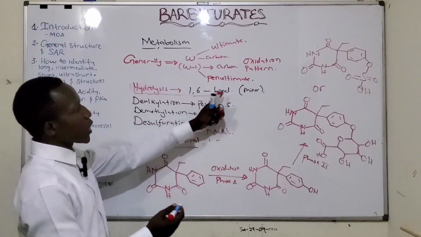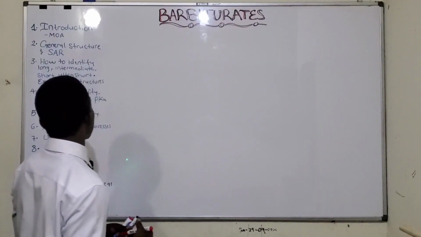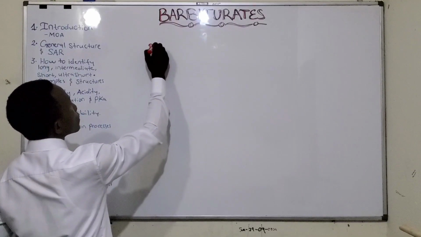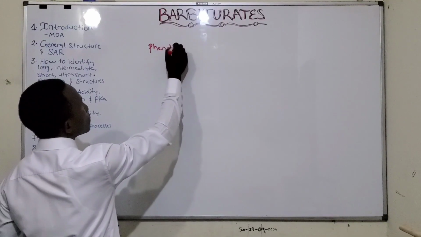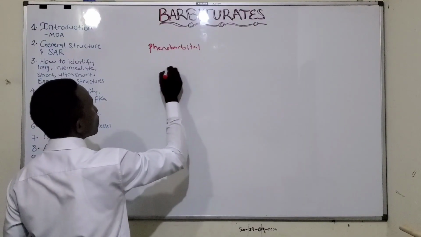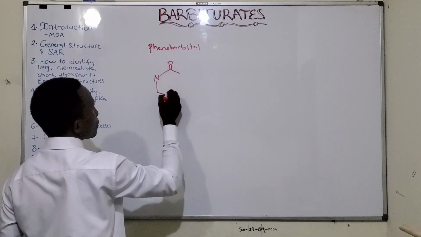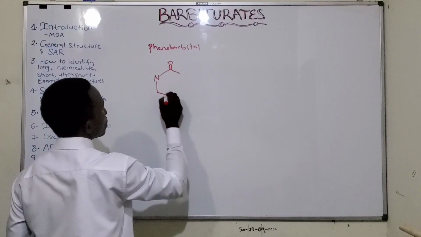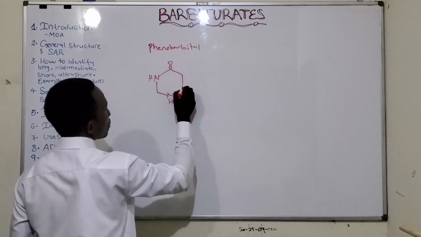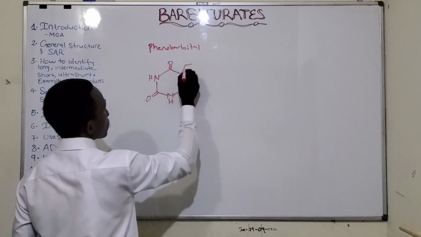Let's see how we can break the ring. Let's see the breaking of the ring using phenobarbital. This is phenobarbital.